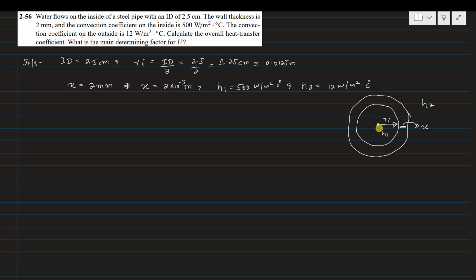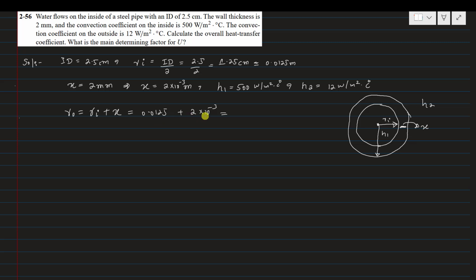Okay, so the radius R naught will be equal to this inside radius Ri plus this thickness of the pipe wall, that is x. So what is Ri? That is 0.0125 plus 2 multiplied by 10 to the power minus 3.